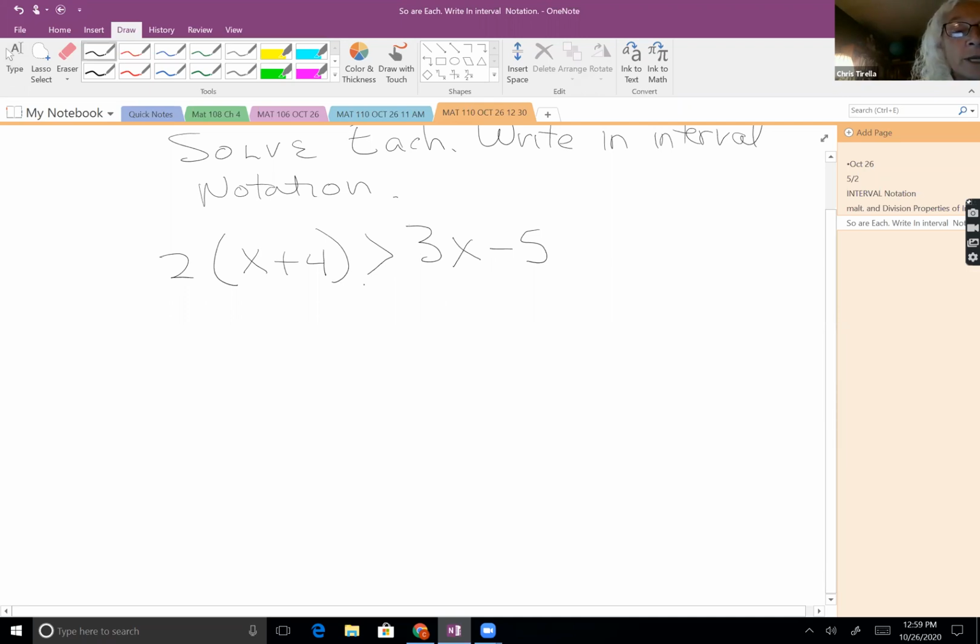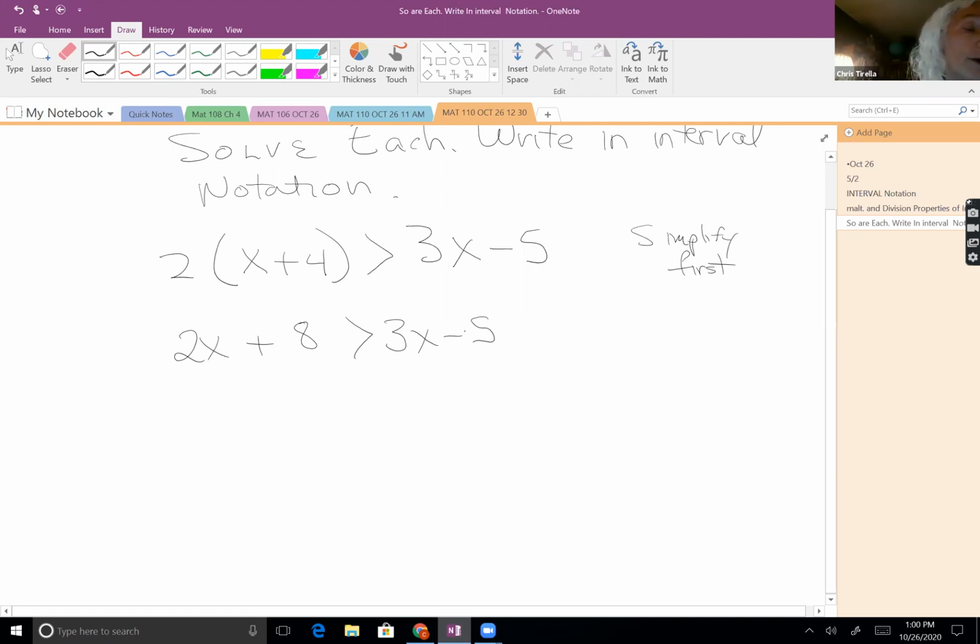So if this were an equation, what would you guys do first? Distribute. So can we say that we'll simplify first? And the distribution would be our simplification. 2x plus 8 is greater than 3x minus 5. And then, just like with an equation, we want to gather all our variables on one side.